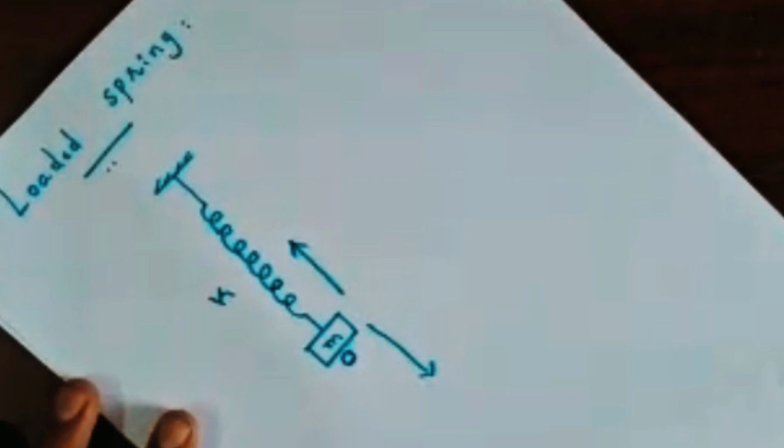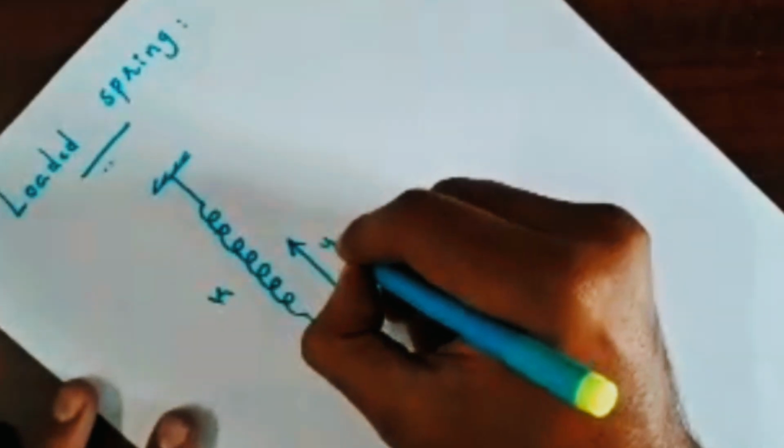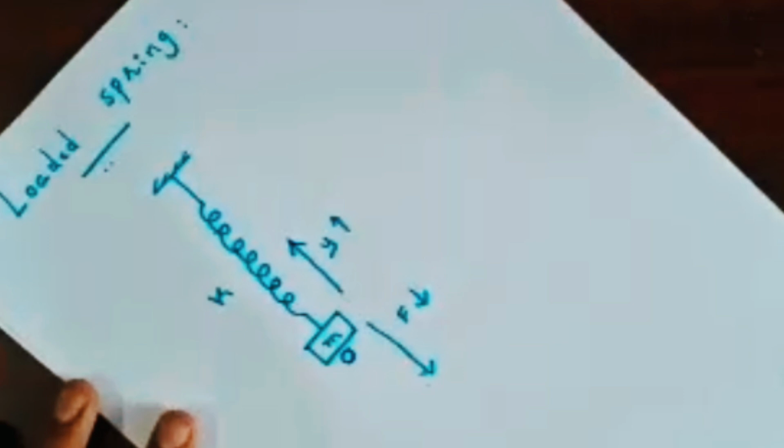It means one force can be generated within the spring. That force is known as restoring force. If the body is displaced downwards, the spring moves upwards. So it means force is downwards, the displacement is in the opposite direction.